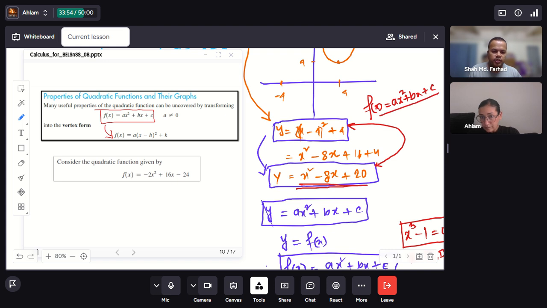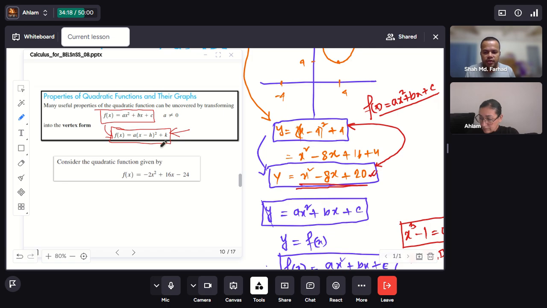We can compare this second one with this one. Here, f of x equals a times x minus h whole squared plus k. This form is called the vertex form.